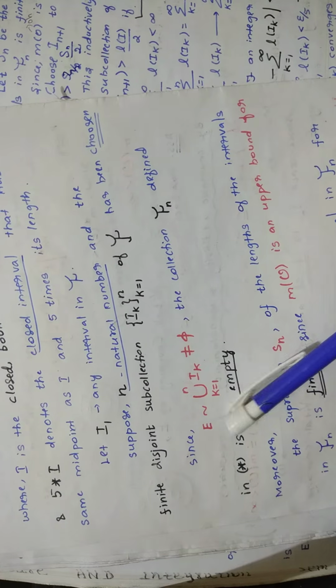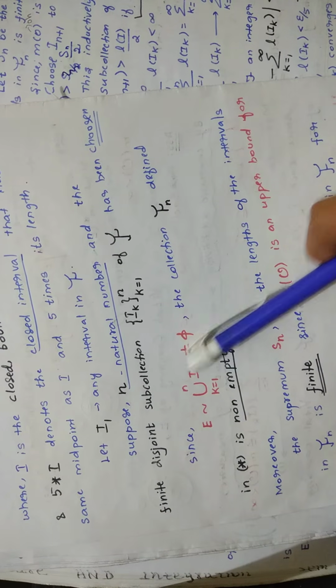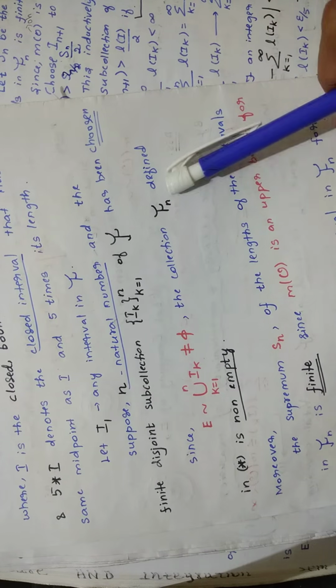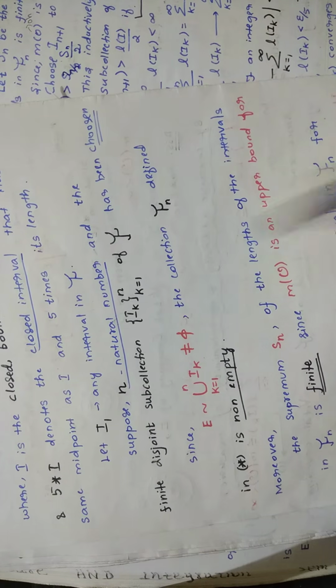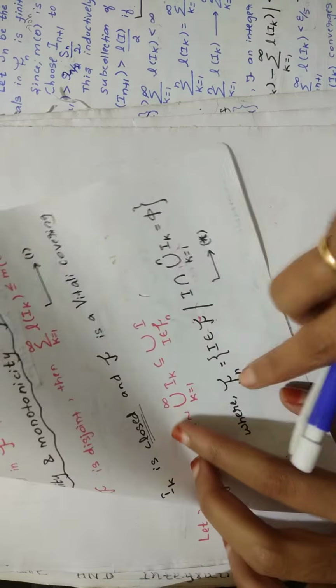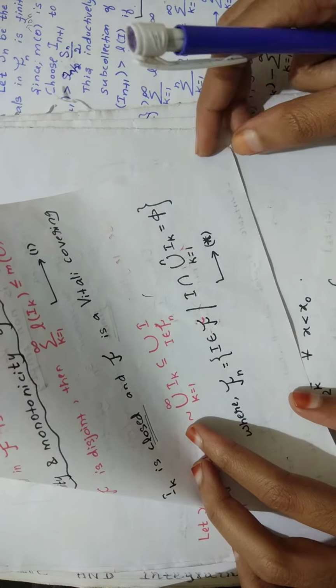So that is what you are writing, since E difference union k equal to 1 to n, Ik is not equal to empty, the collection Fn defined in star is also non-empty. If this is not equal to empty, means here you have defined Fn equal to something, right? This is also not equal to empty. That is what you are writing there.